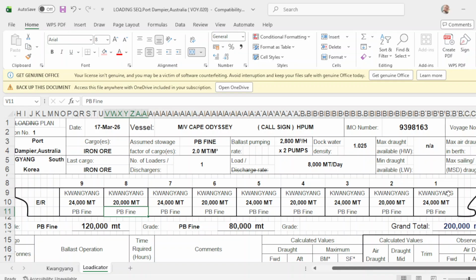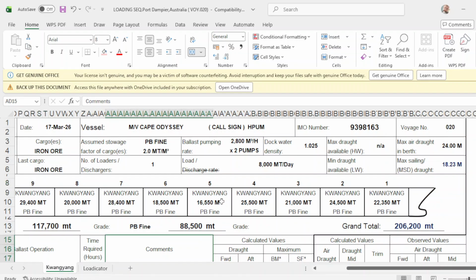This is number 5. You can put it in number 1, number 3, number 7, and number 9. Okay? Just to get the final load of 6,550. And take note, in number 9 is 29,400.